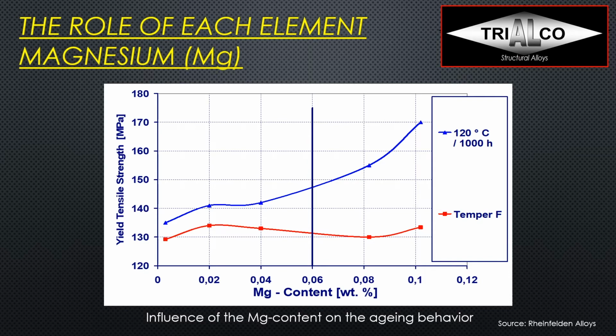As soon as I surpass approximately 0.05%, we see very quickly the yield strength goes up. So that shows us the heat treatment response coming from the magnesium silicide hardening.